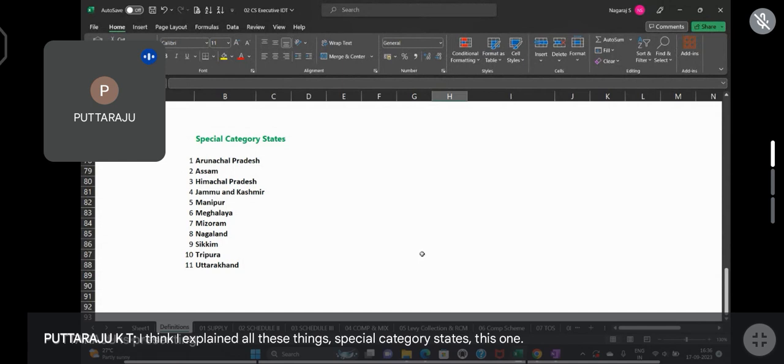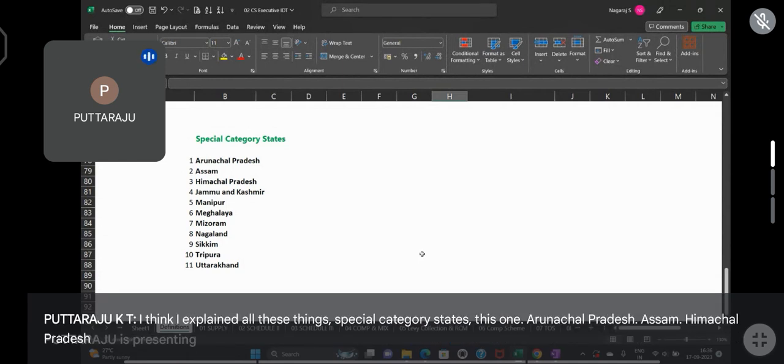Arunachal Pradesh, Assam, Himachal Pradesh, Jammu and Kashmir, Manipur, Meghalaya, Mizoram, Nagaland, Sikkim, Tripura, Uttarakhand.